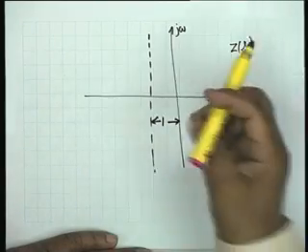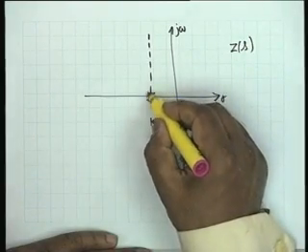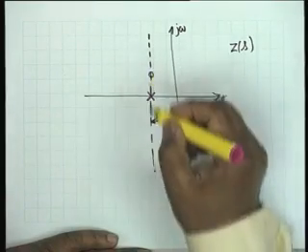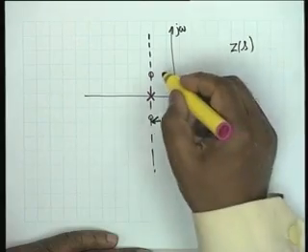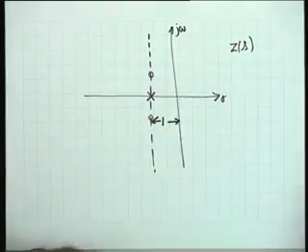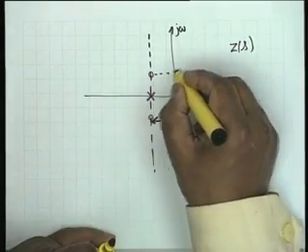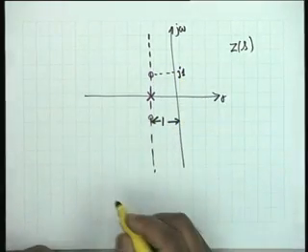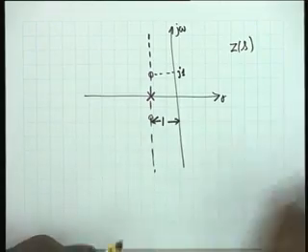And it is given that there is a pole here, that there is a pair of zeros here where this point is j1, naturally this point would be minus j1, I will not show that.